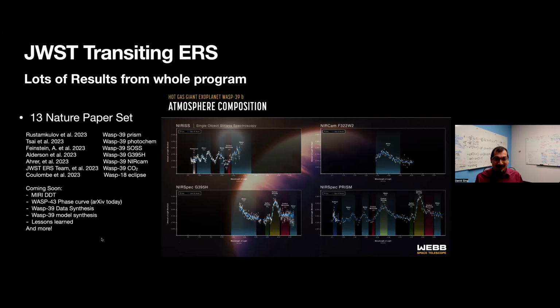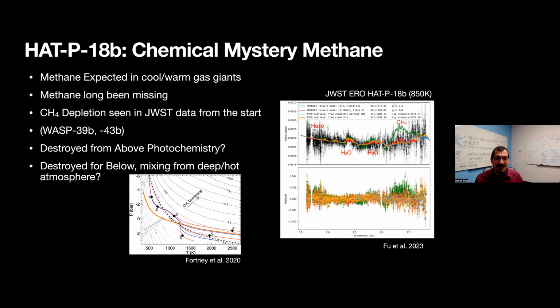So this is basically still from day one, but there were also early release observations released at the time. One of those data sets was HAT-18, and HAT-18 was very interesting because it's also a bit cooler than a lot of the planets that I've showed before.